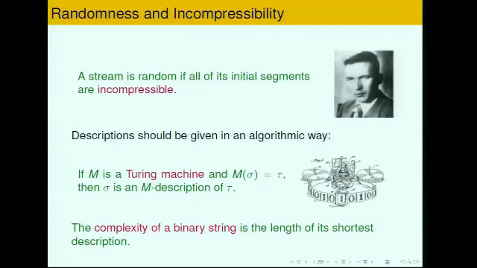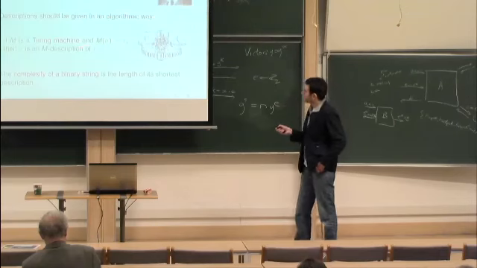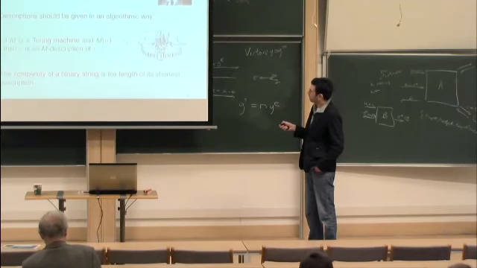Now, descriptions need to be defined mathematically, and for that he used Turing machines. Given a Turing machine M, you say that a program sigma, a finite binary sequence, is a description of the sequence tau if the output of the machine under sigma is tau.